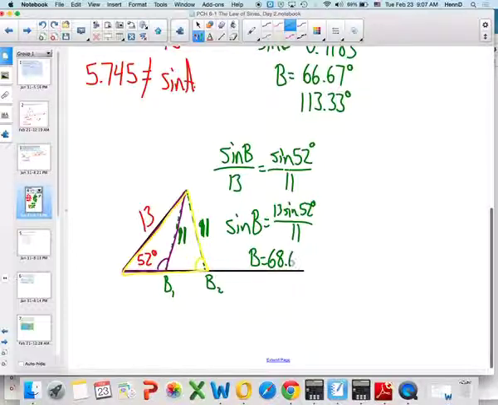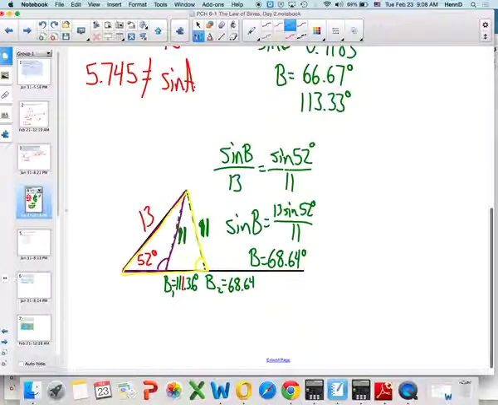68.64. Okay? So that one would be this possibility here. That would be the B2. Right? 68.64. What would this possibility be? 111.36. It would be the angle in the second quadrant that has the same reference angle.